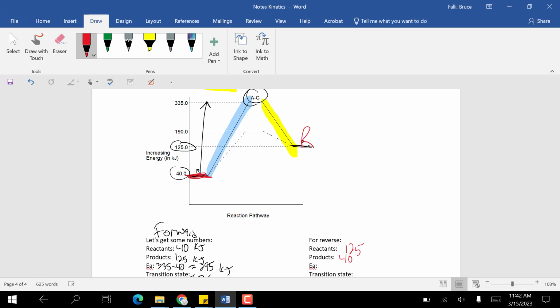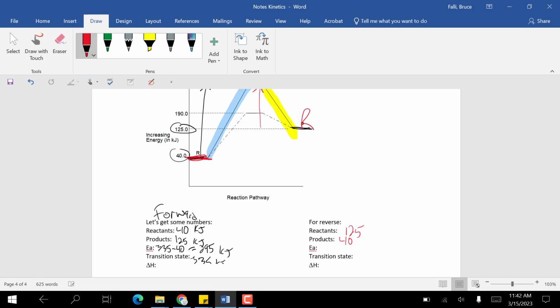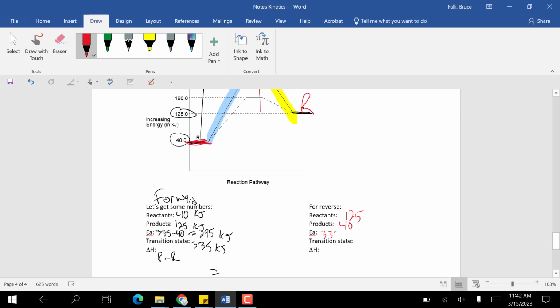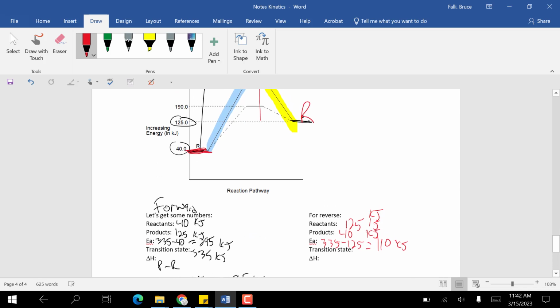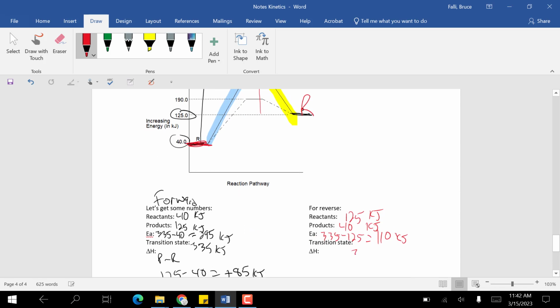My EA is from 125 to 335. 335 minus 125 equals 210 kilojoules. Transition state is the same, so the transition state is still 335. And the delta H is going to be the same, but the sign will flip. So it's going to be negative 85 kilojoules now.